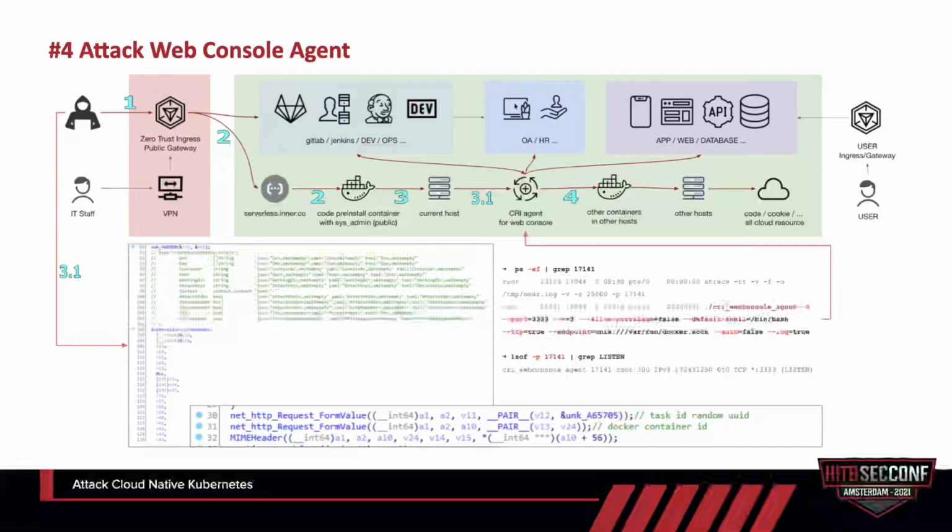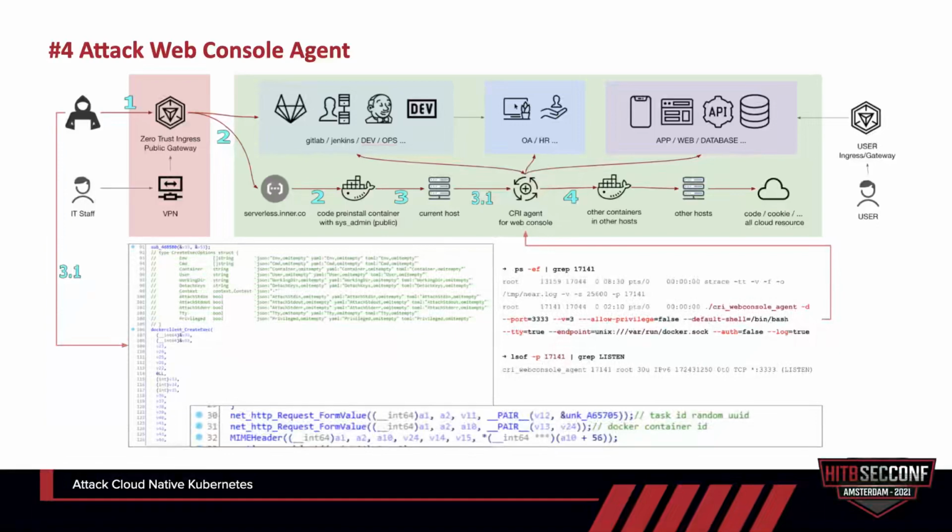How do the developers in the target company manage their containers? It is through the web controller feature that you can call bash in the container to execute commands. The agent will listen on port 3333.